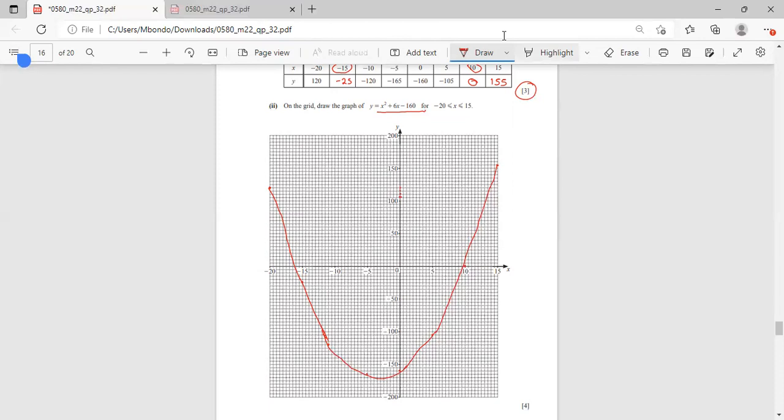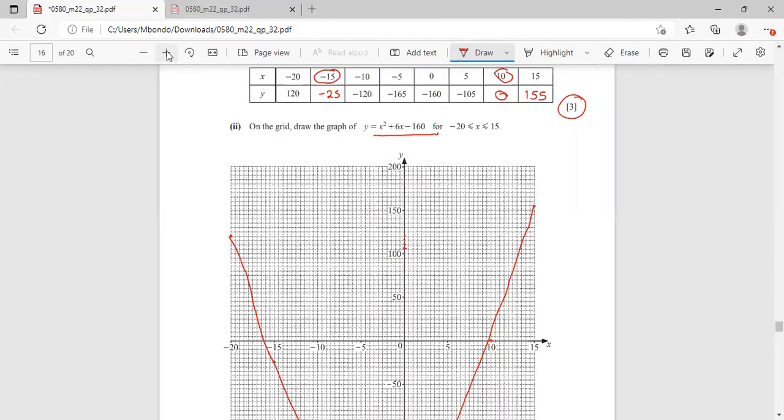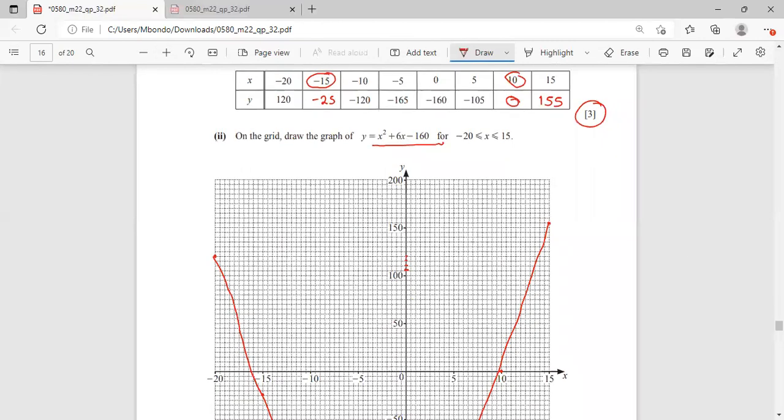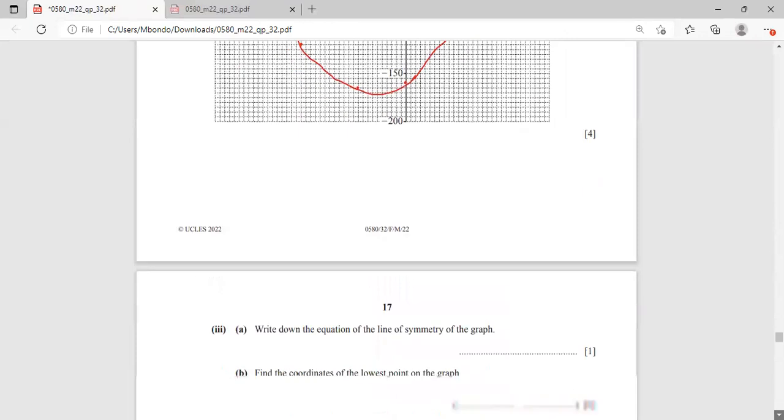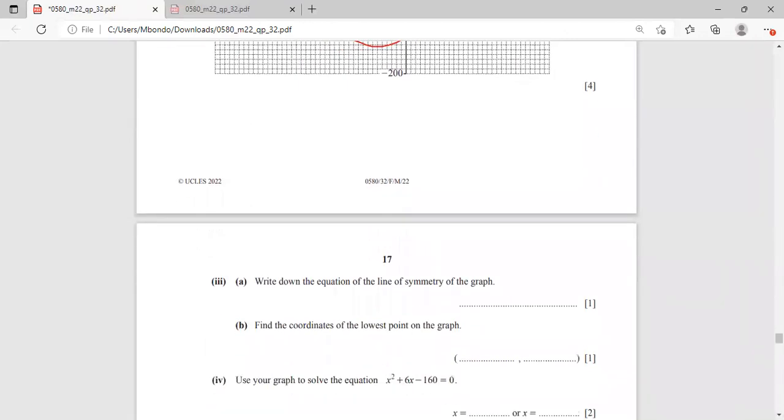All right, so we continue. Now I can enlarge it so that we can see. Let's see the subsequent questions. So they say write down the equation of the line of symmetry of the axis. Okay.